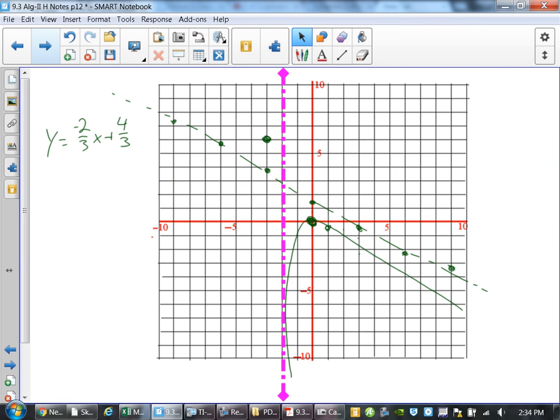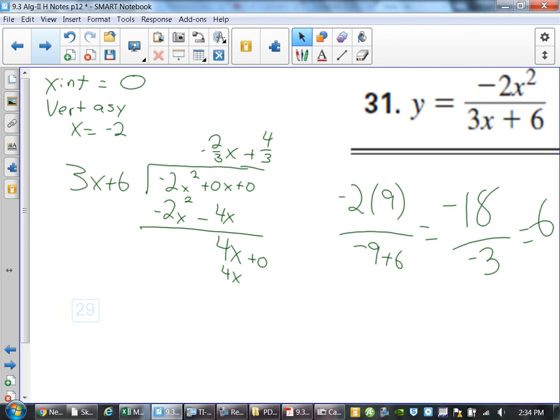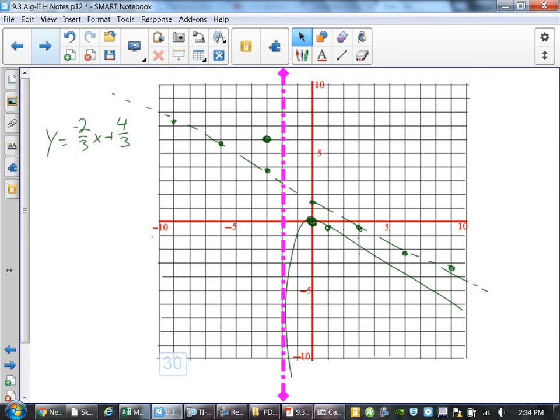And we'll use -4. -2 times 16 over -12 plus 6. -32 over -6. So 5 1/3.